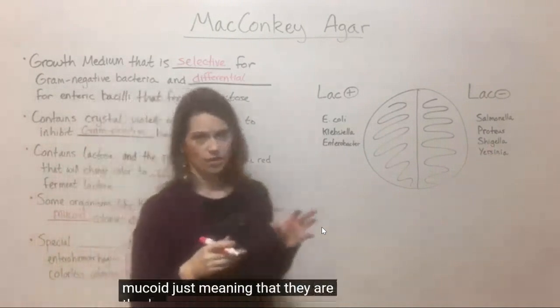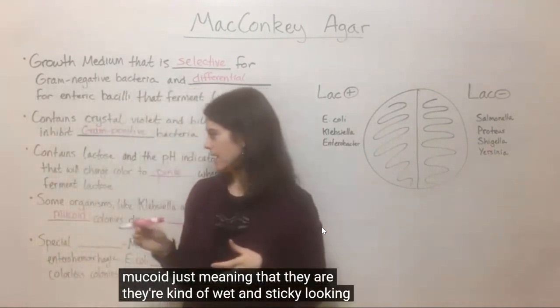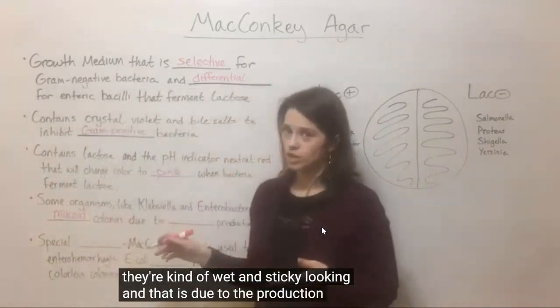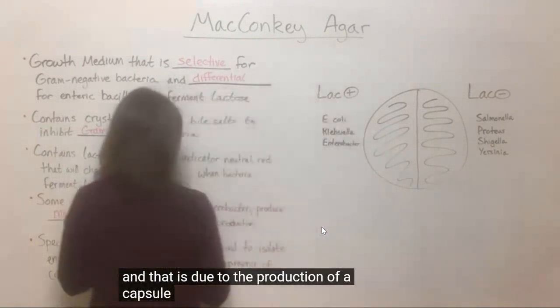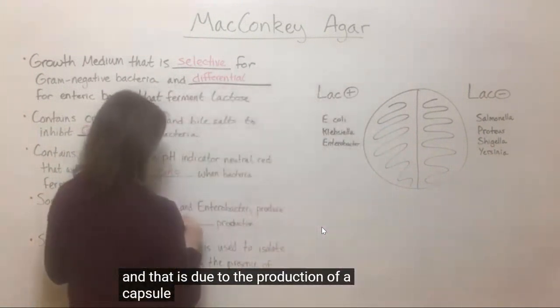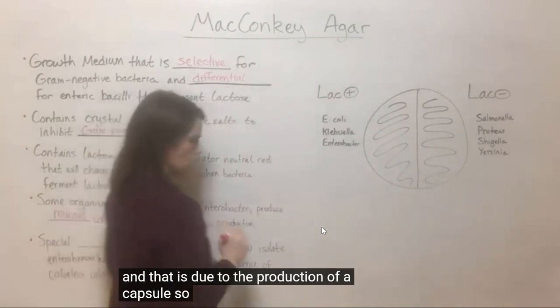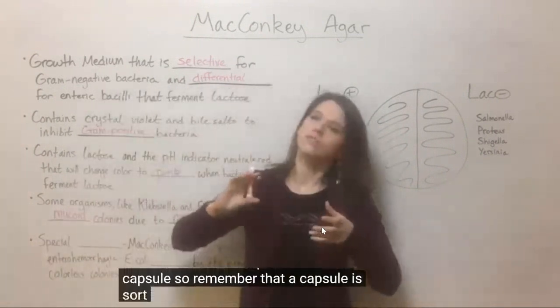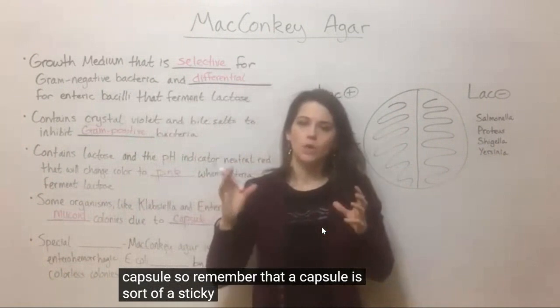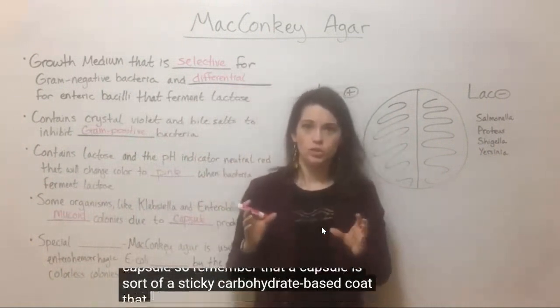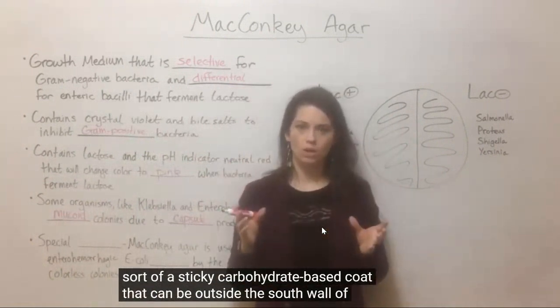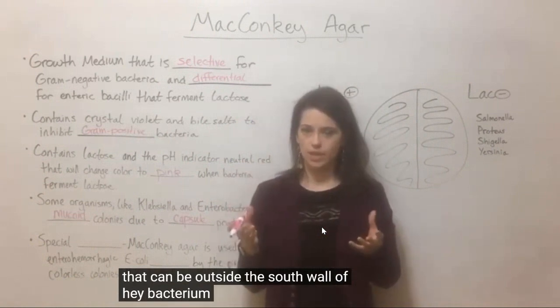Mucoid just means that they're kind of wet and sticky looking, and that is due to the production of a capsule. Remember that a capsule is a sticky carbohydrate-based coat that can be outside the cell wall of a bacterium.